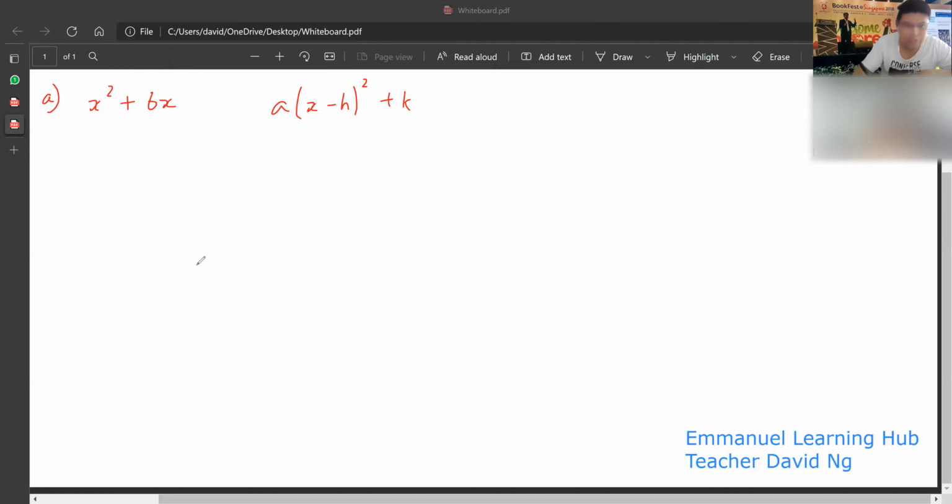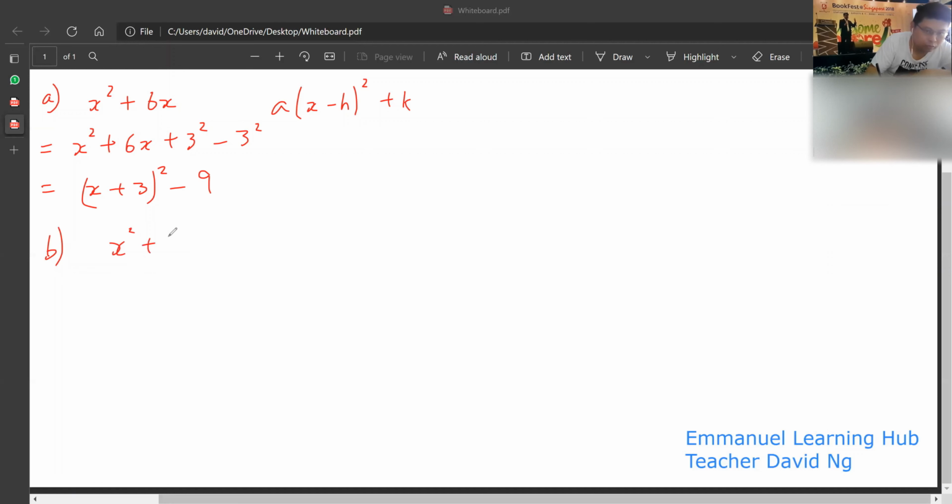Completing the square. Yes, completing the square. Very good. Same form already. Okay, this one, how to complete the square? You know how to complete the square, right? By now.